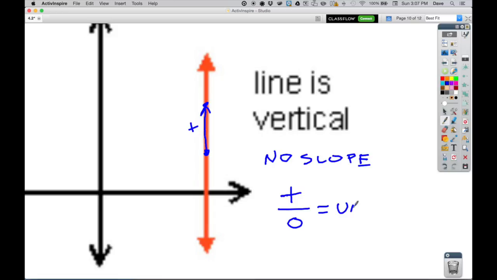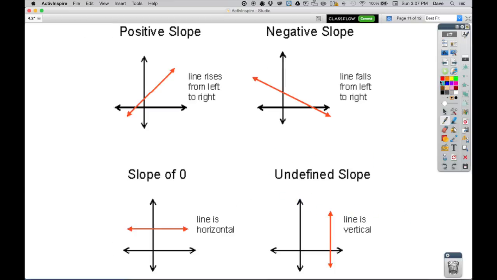And what we call this is undefined, meaning this can't be done in the real world. It's an undefined operation. You cannot divide by 0 in math, so we call this undefined, which means it has no slope.